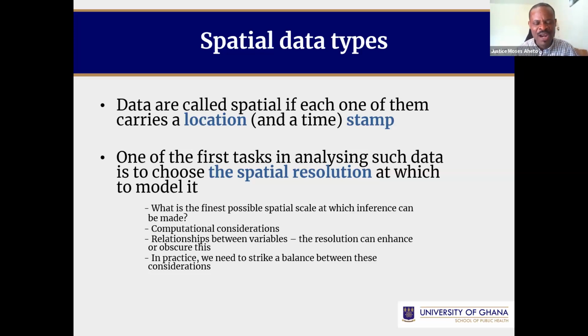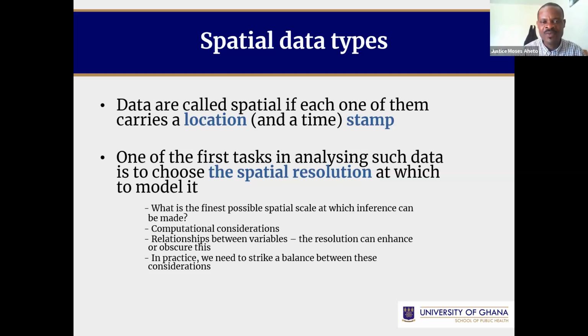But if you just want some idea around a 5 kilometer by 5 kilometer prediction, then that would be coarser compared to the 1 kilometer. So this is what we refer to as resolution. The finer you want the spatial prediction to be, the smaller the number for resolution, and the coarser, the higher the number.